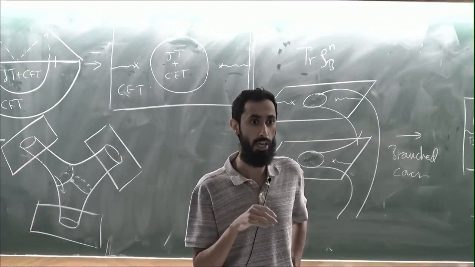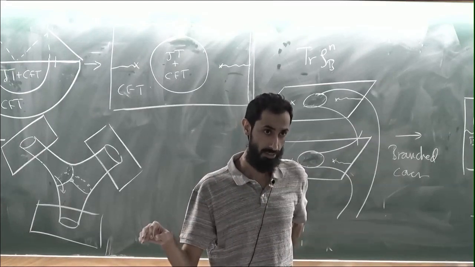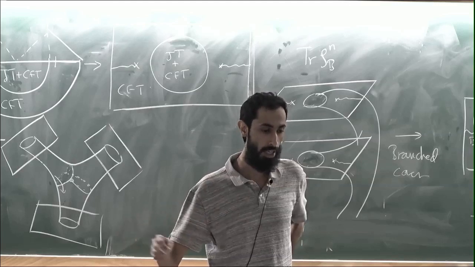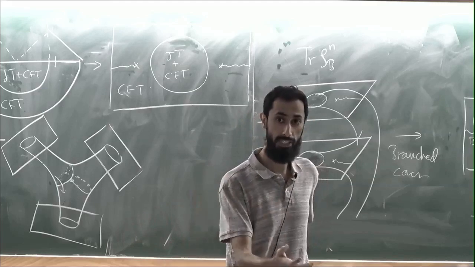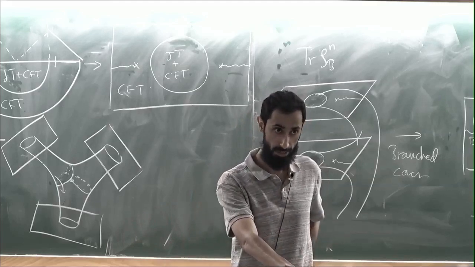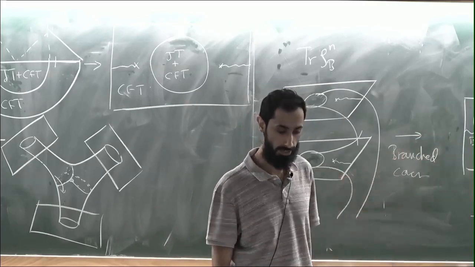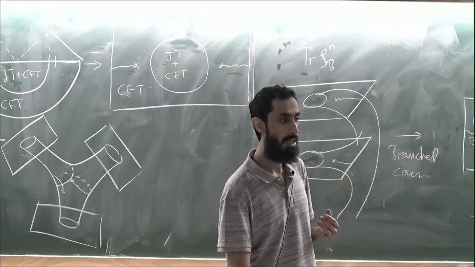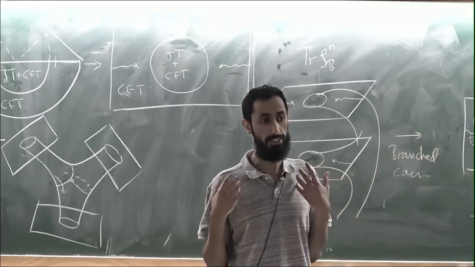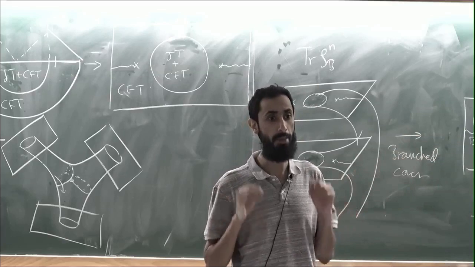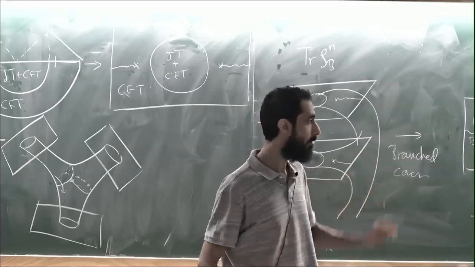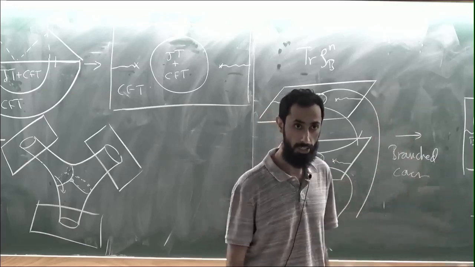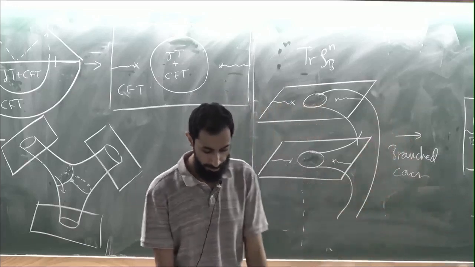Otherwise, we can show numerically that there are saddles. But to justify the calculation, you can work directly near n equals 1 where you can solve everything, and you get the right answer. I think in higher dimensions, that's the most you can do. You can say, let me work near n equals 1. You know what the geometry looks like there, and then run this machinery, and it'll give you the same answer.